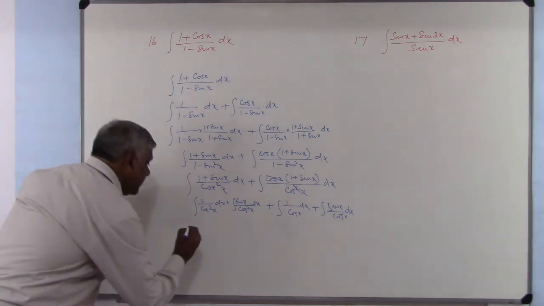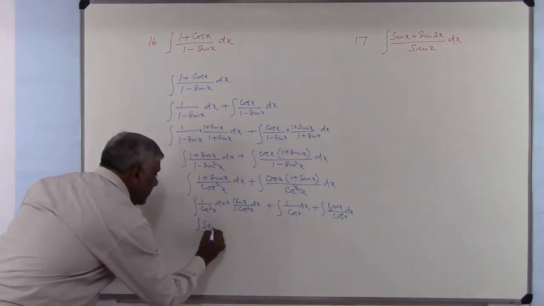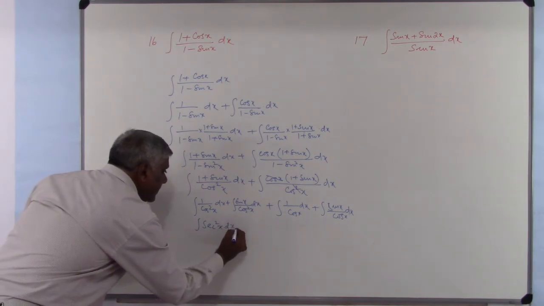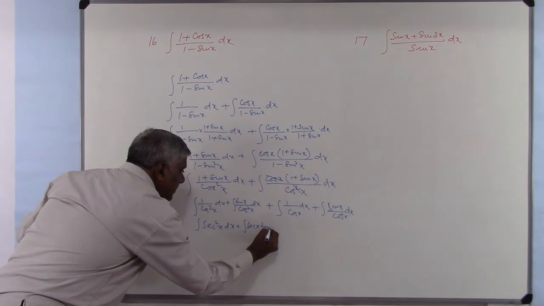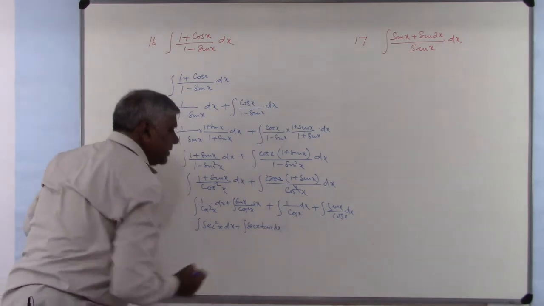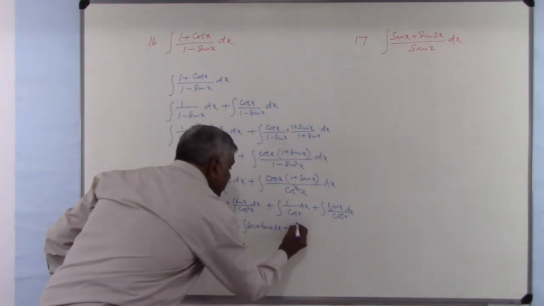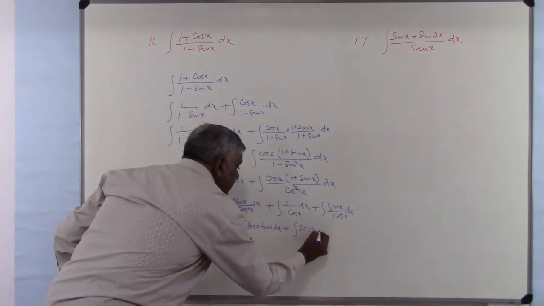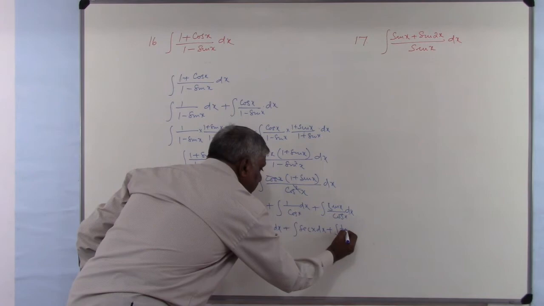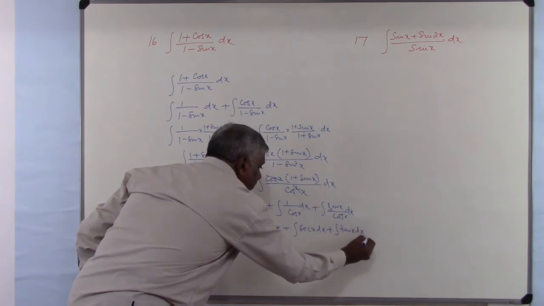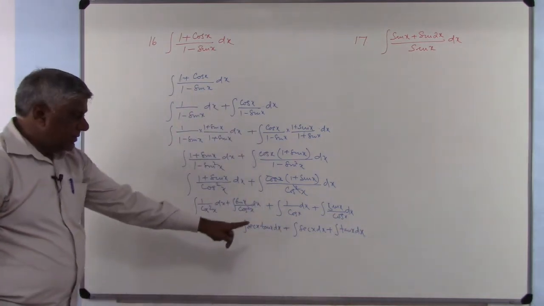Now this is integral secant square x dx plus integral secant x tan x dx plus secant x dx plus tan x dx. See?